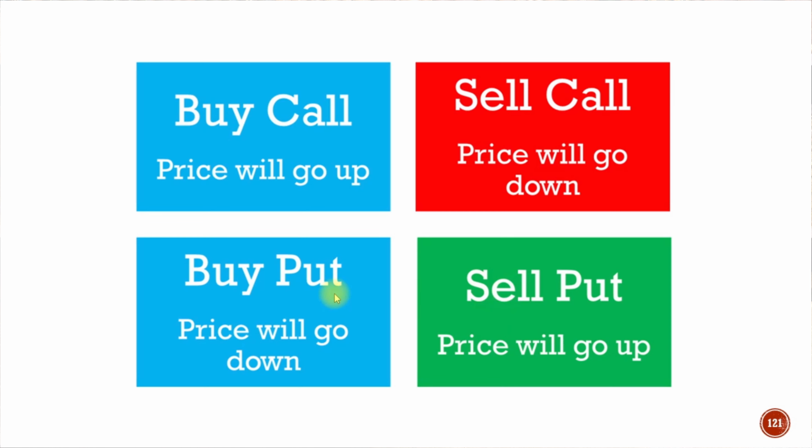Likewise, the put is slightly different. Assume that someone that owns Apple is afraid that the stock will drop in value and buys insurance at a certain price to prevent it from going down in value.